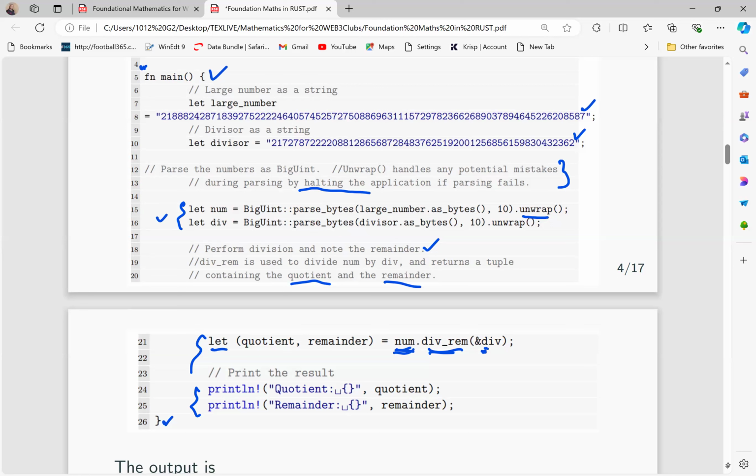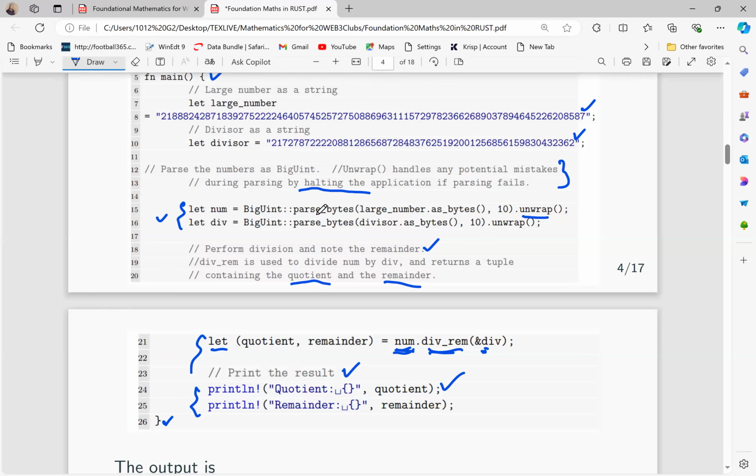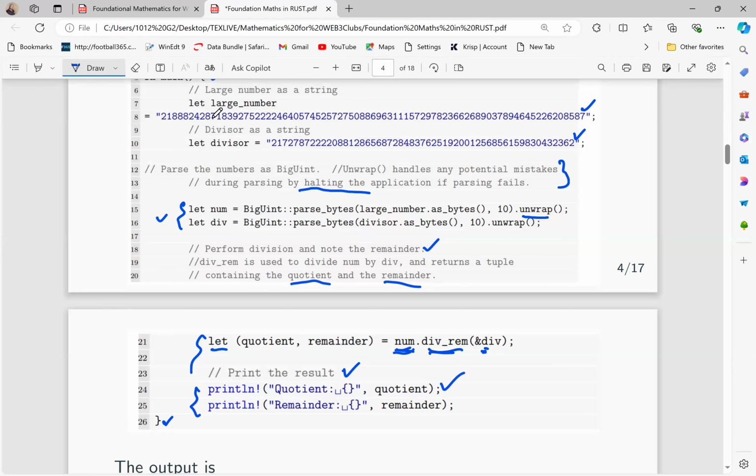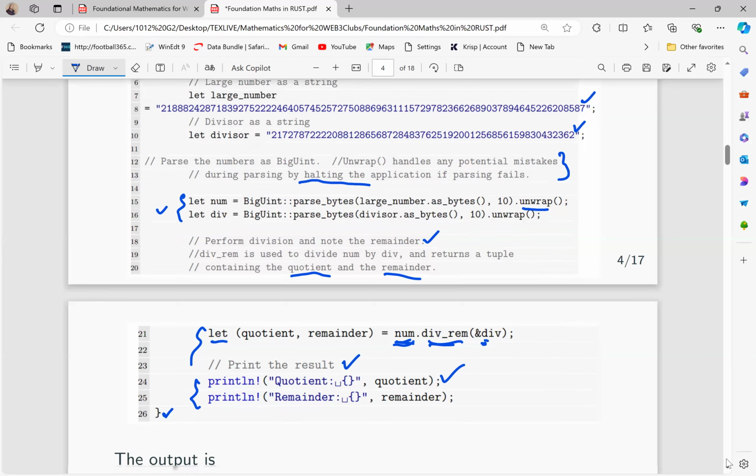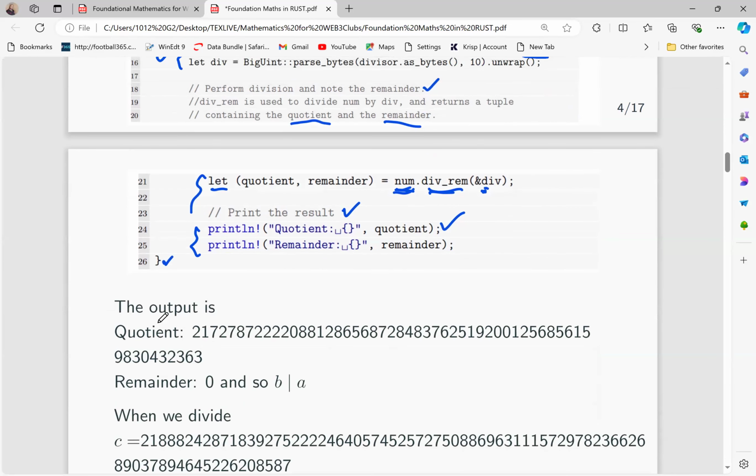Then after this part, we print the results. The result will be the quotient and the remainder. That's what we want. So when you input this large number here to be divided by this other number, this is what you get.